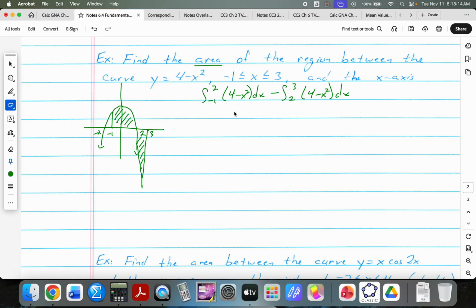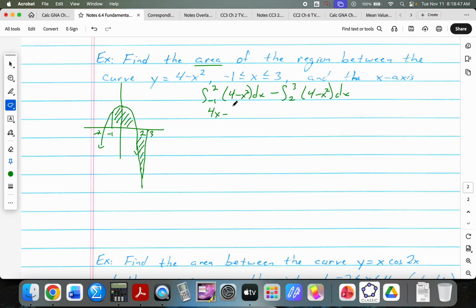So I need to find an antiderivative of 4 minus x squared. What would that be? Minus what? 4x minus 1 half x to the third. But if you did the derivative of 1 half x to the third, you'd get 3 halves x squared. 1/3.